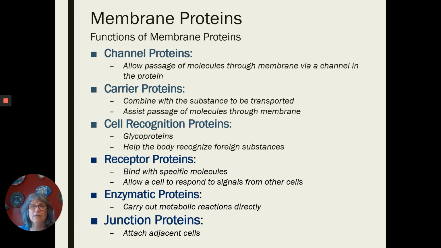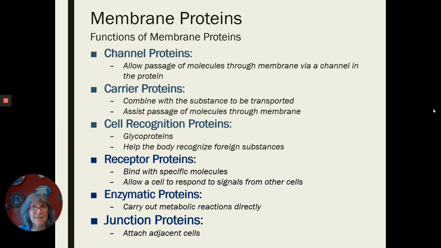Some examples are receptor proteins for hormones. Hormones only act on specific cells. They're the exact right shape to fit into these receptor proteins to trigger some sort of reaction in the cell. We have enzymatic proteins. These are proteins that carry out metabolic reactions.